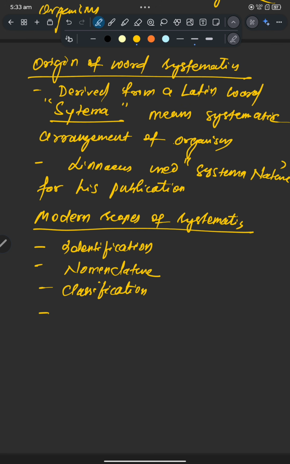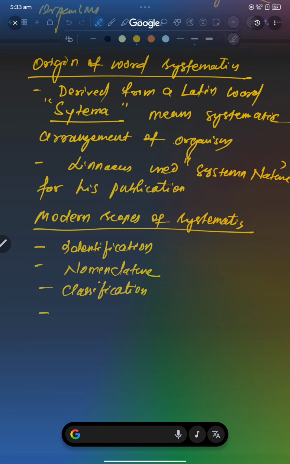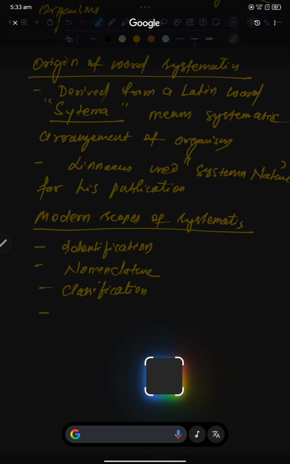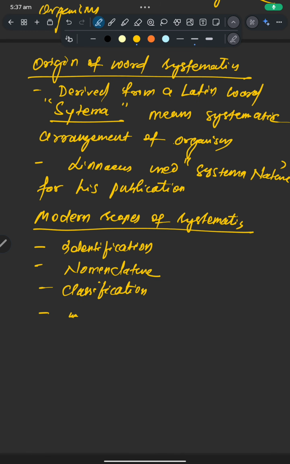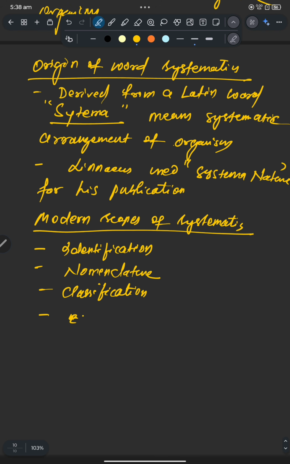This is very, very important. Now let us discuss the taxonomic categories.